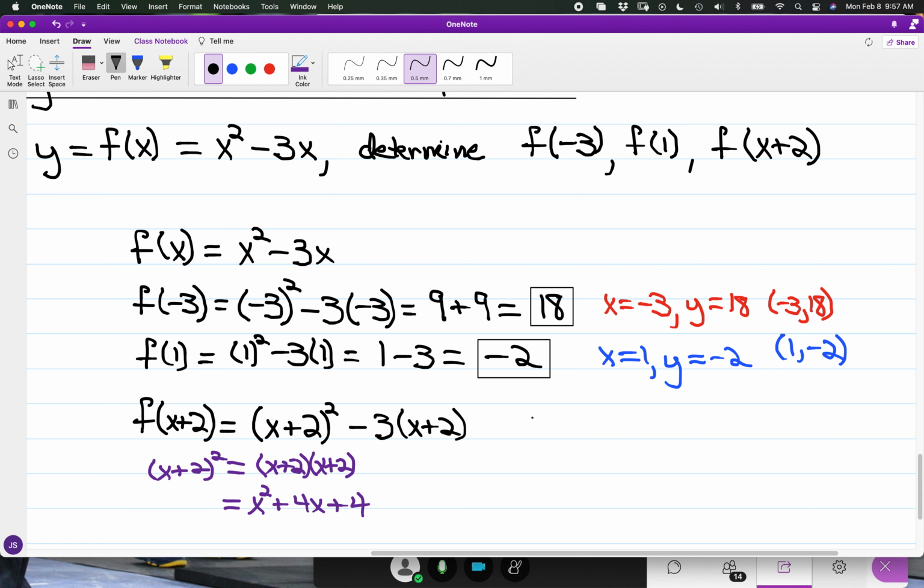And just carrying over what we have here. So we've got x squared plus 4x plus 4, and then with the distribution of negative 3 over the quantity of x plus 2, we have minus 3x minus 6.